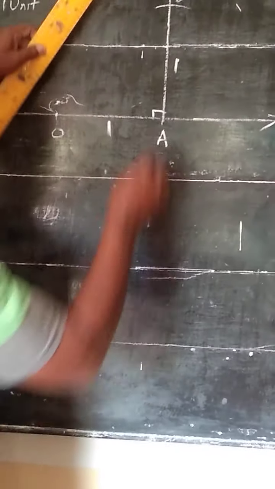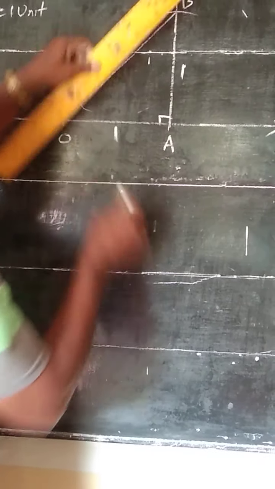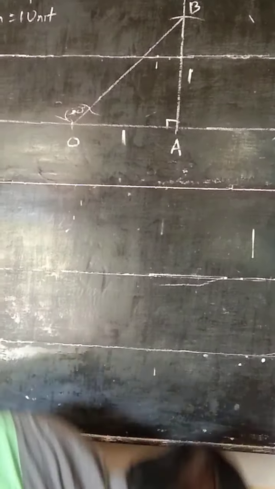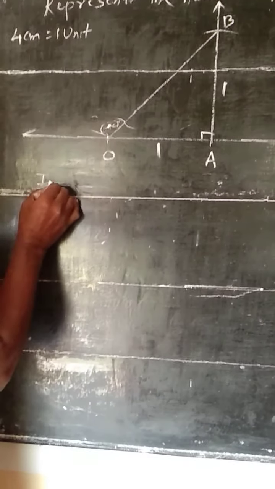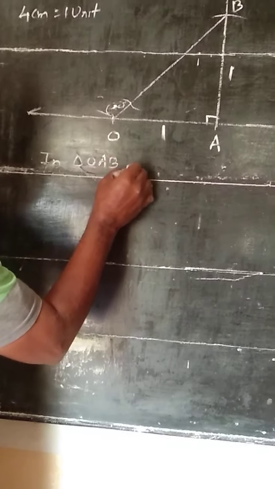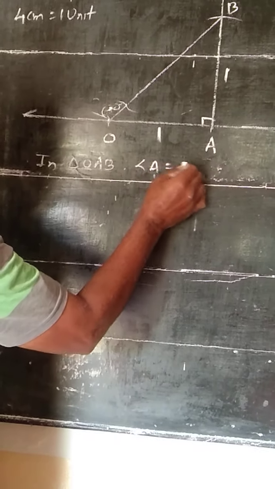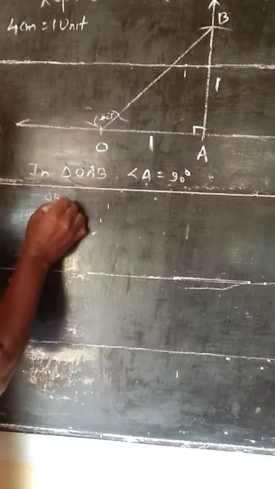Join the point OB. In triangle OAB, angle A is 90 degree. OB is the hypotenuse. Use Pythagoras theorem.